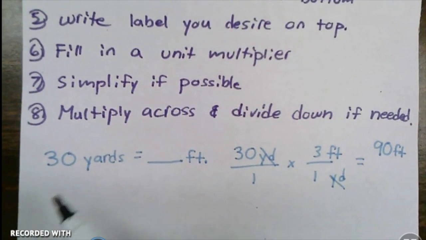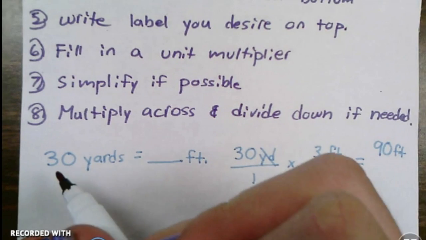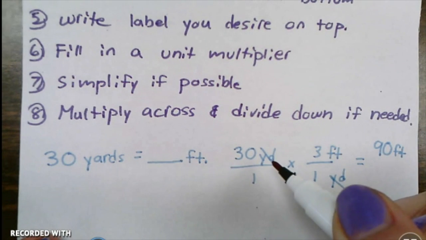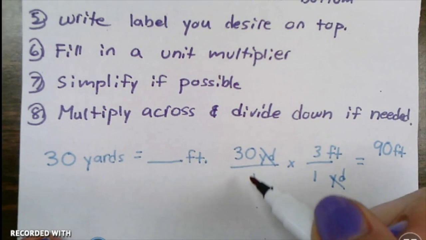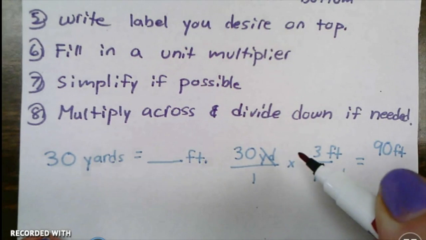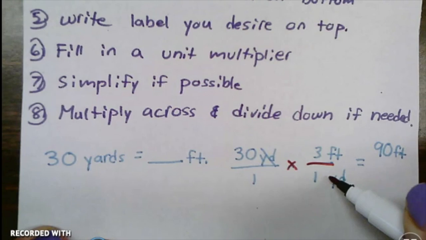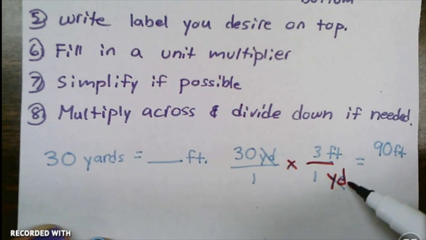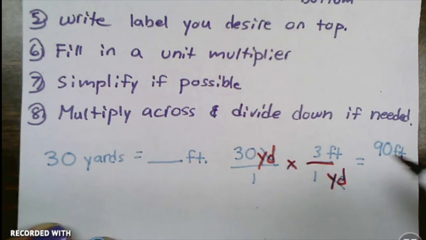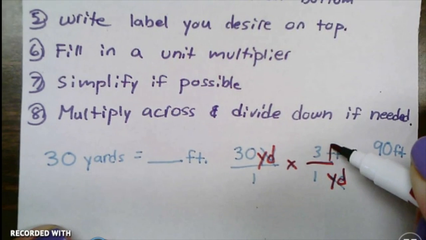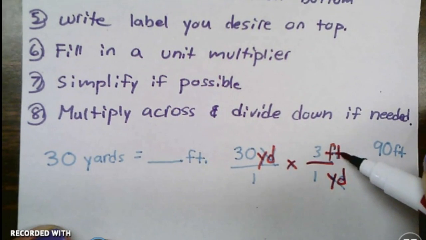Here's the written example. So say you got 30 yards equals how many feet? I'm going to take 30 yards and write that right here. Then I'm going to put it over 1. Then I'm going to multiply by a fraction. Then I'm going to put the label that I want to cancel on the bottom to match this label. Then I'm going to put the label I want on top.